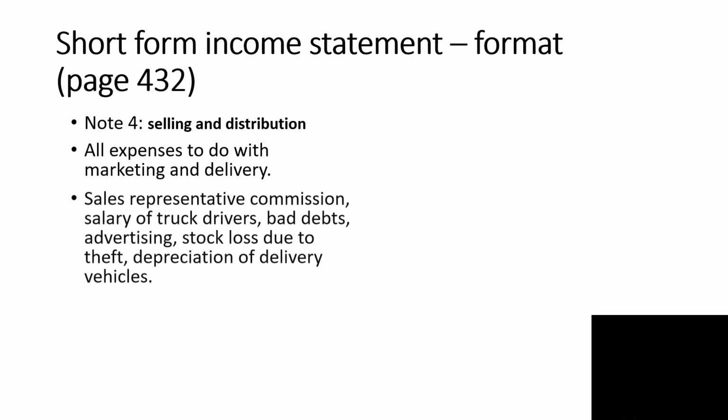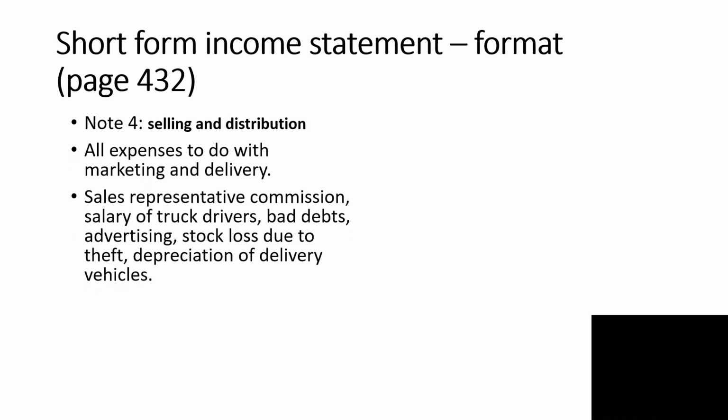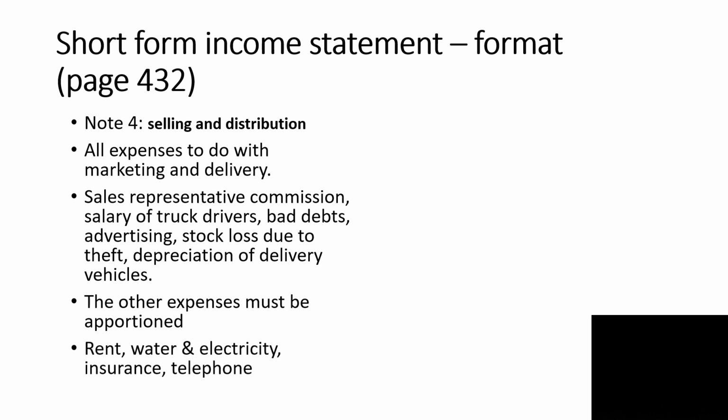Such expenses are sales representative commission, salaries of truck drivers, bad debts, advertising, stock loss due to theft, depreciation of delivery vehicles. So these expenses are specific to the marketing and delivery department. Then other expenses which might be apportioned among the departments are rent, water and electricity, insurance, telephone, you can mention stationery. We apportion them using the usual criteria.